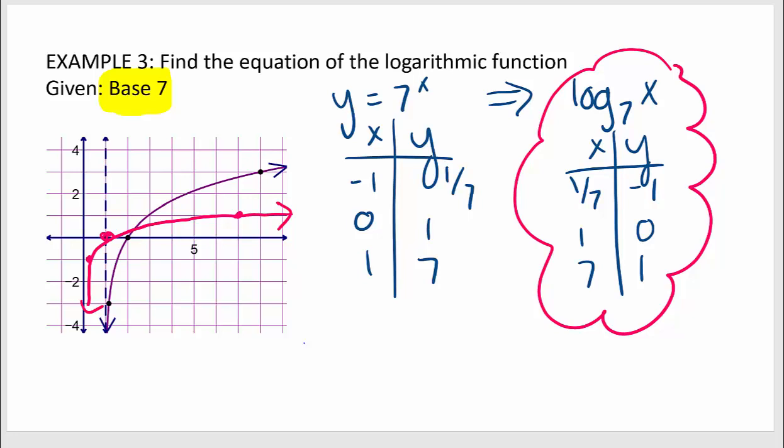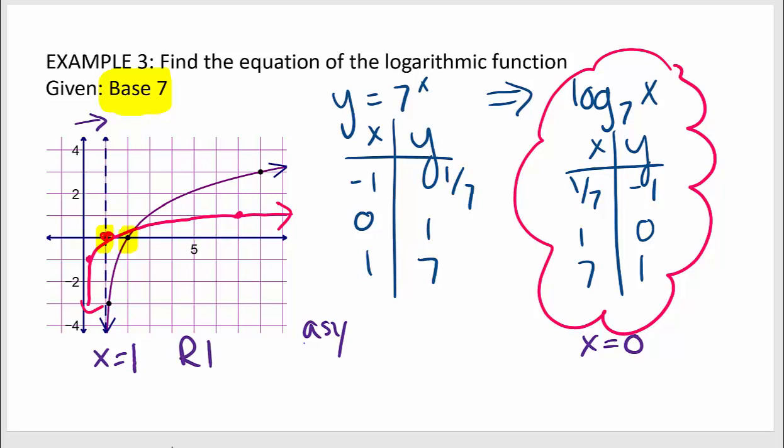I'm going to start by focusing on the x-intercept. Now notice what has happened to the asymptote. The asymptote has changed from x is equal to 0 with the parent function, and now it's at x is equal to 1. The only way that that could have happened is if there is a horizontal translation to the right by 1.